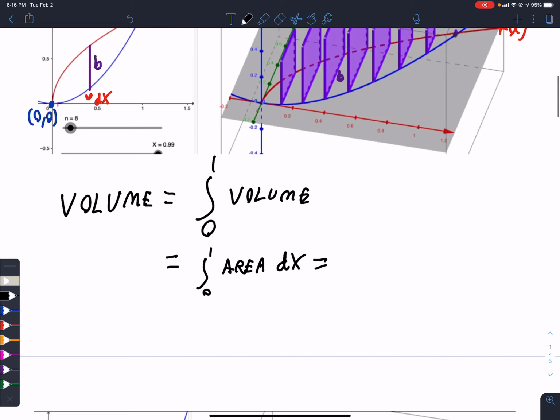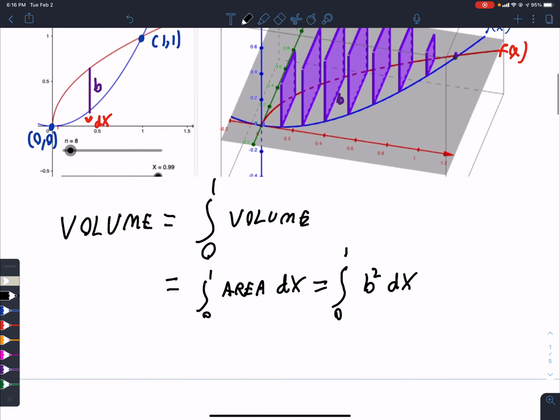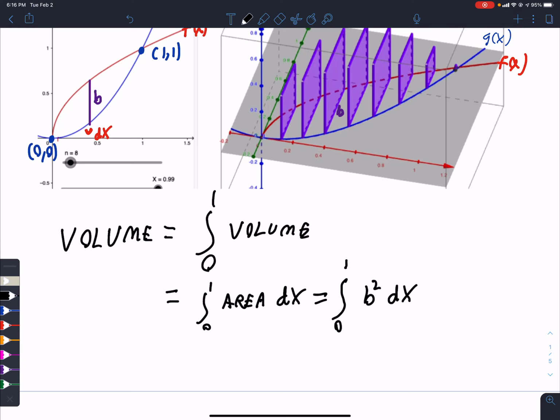So here we go. I want to add up the volume of every sheet there. The area of that shape is b squared, and the thickness is dx. I'm almost done. All I need to figure out is b, and I've got it finished.